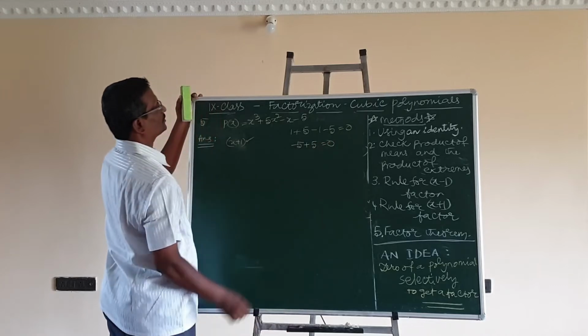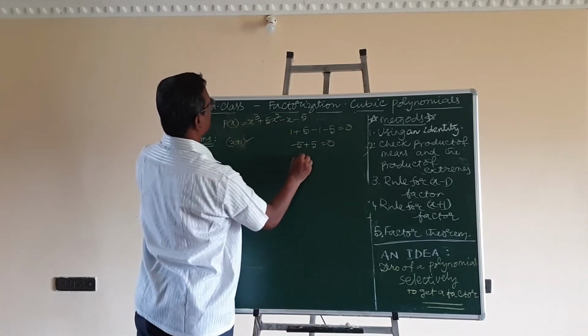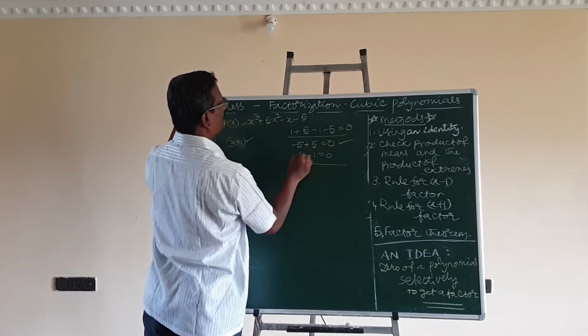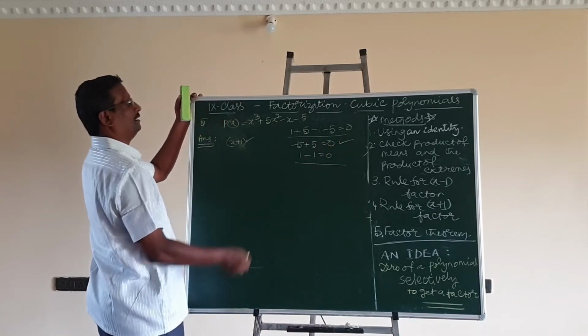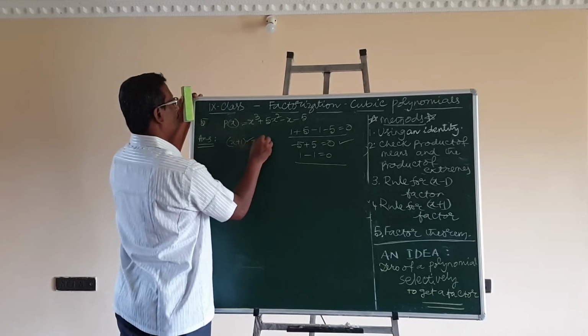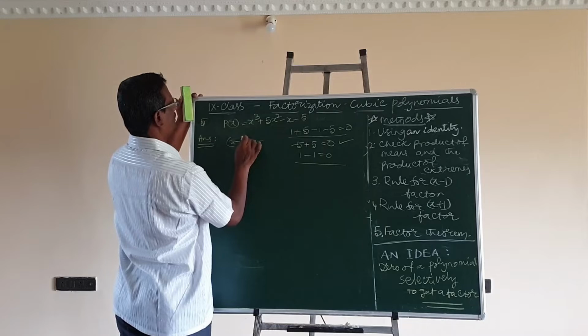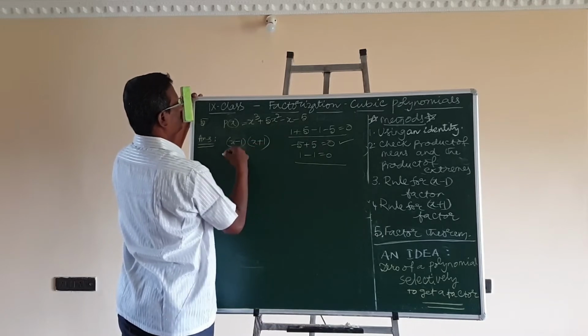Sum of the even powers is equal to 0, sum of the odd powers 1 minus 1 is equal to 0. Even powers sum and odd powers sum are also equal, both equal to 0. Therefore, here for first case x minus 1 is a factor, and here x plus 1 is a factor.